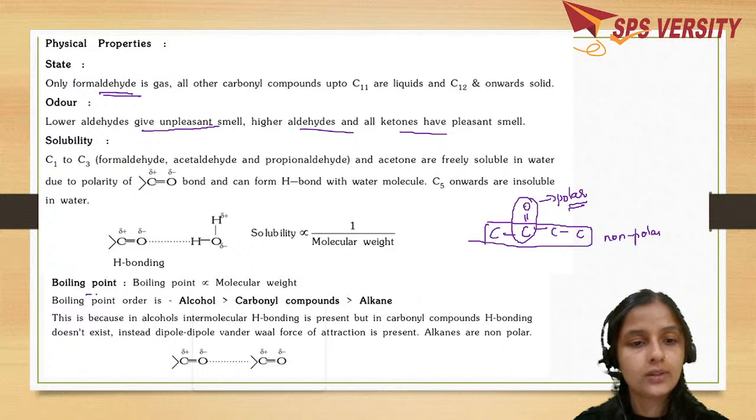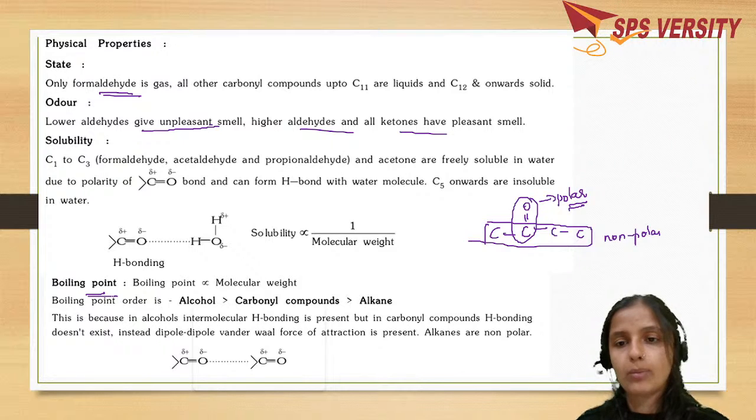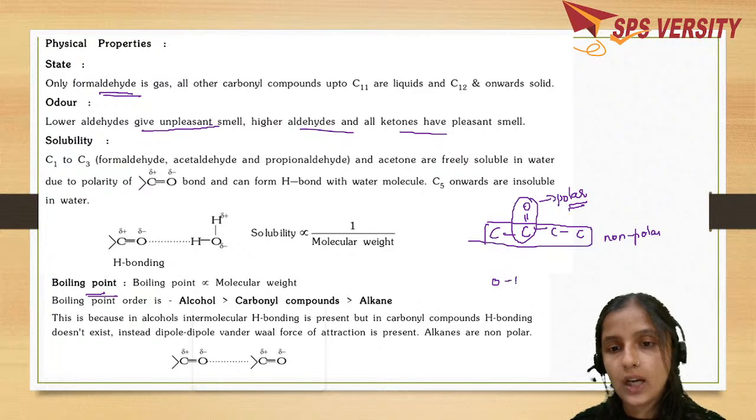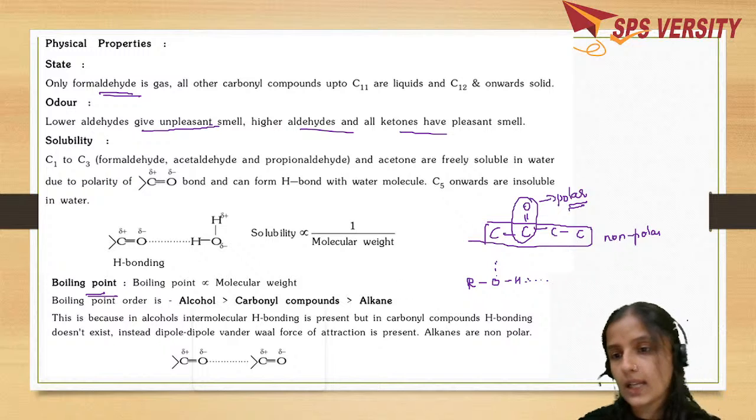Then the boiling point. Whenever we say boiling point, it doesn't take into account the covalent bond present between the atoms, but instead it considers the intermolecular interactions, like London forces, dispersion forces, or the hydrogen bond. If you consider alcohols, they can form a greater extent of hydrogen bonding compared to the carbonyl compounds and compared to the alkanes, where in alkanes you have only the non-polar chain.